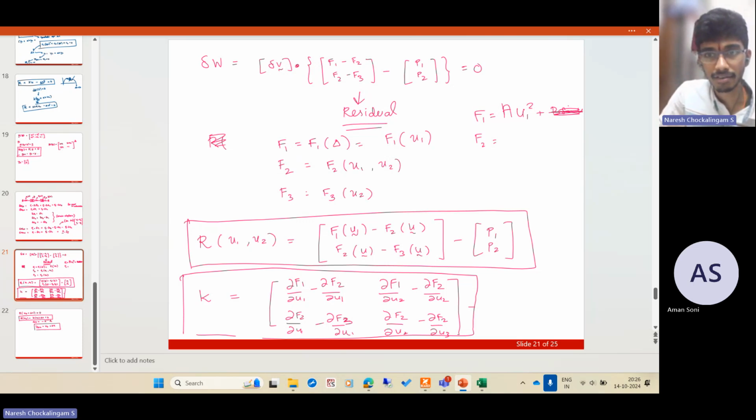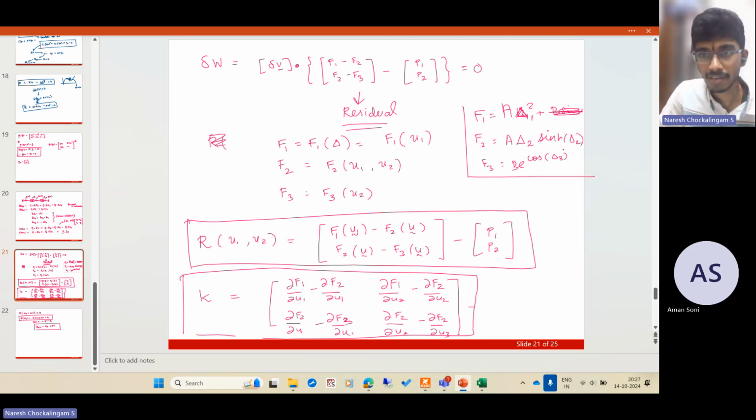So F1 is a nonlinear function of delta 1. F1 can be some a delta 1 squared, F2 can be some a delta 2 sinh delta 2, and F3 can be some b power cos delta 3, something like this.